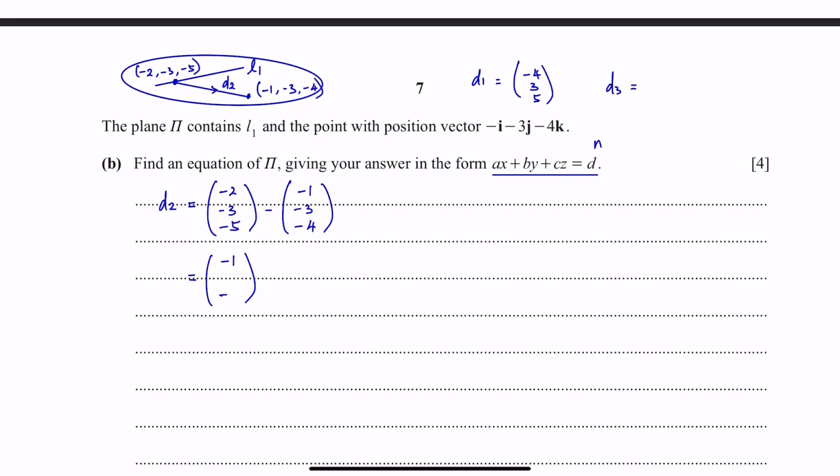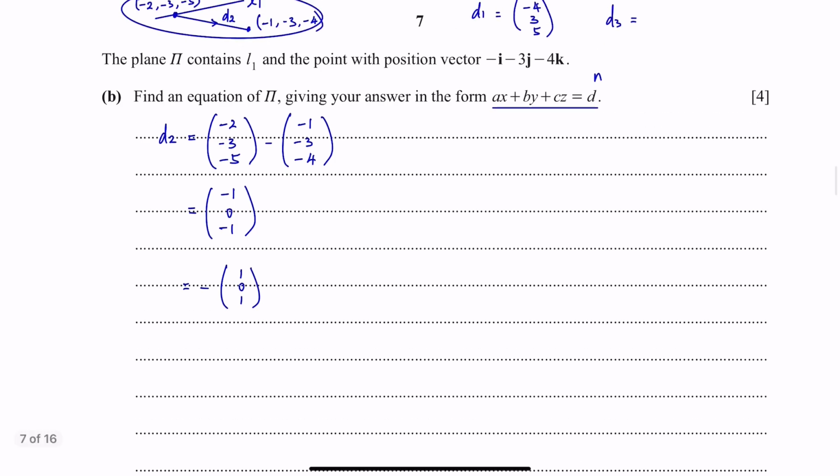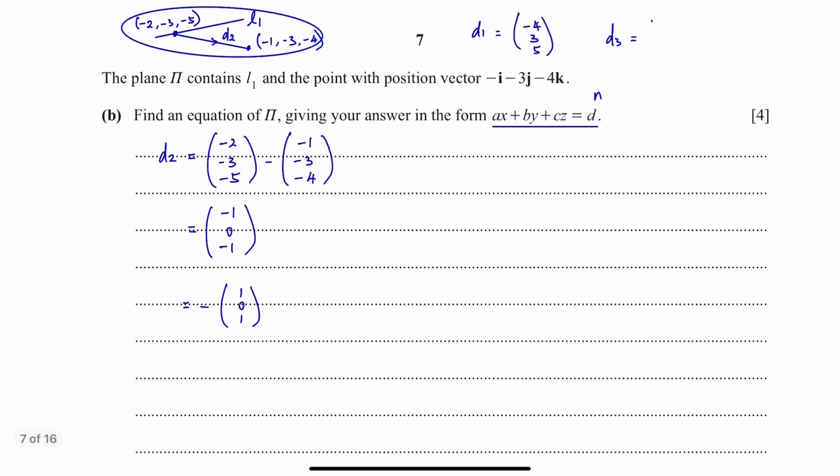Oh, sorry, this is 0. We can factorize the -1 out, so we get 1, 0, 1. It will be easier for the further cross product. So D3 is 1, 0, 1. And now we can find the normal vector.